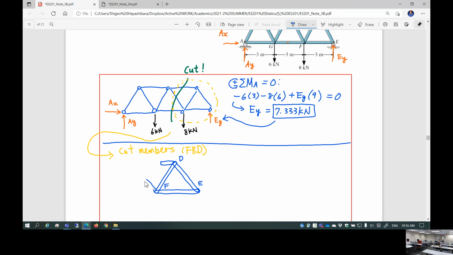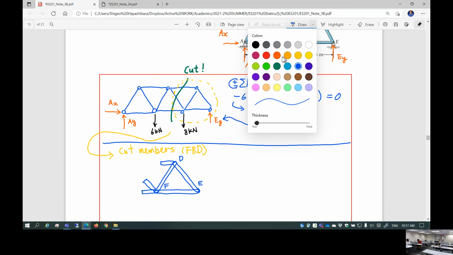And this is member CF, but I cut. This is member FG, I cut. So those are all cut members.